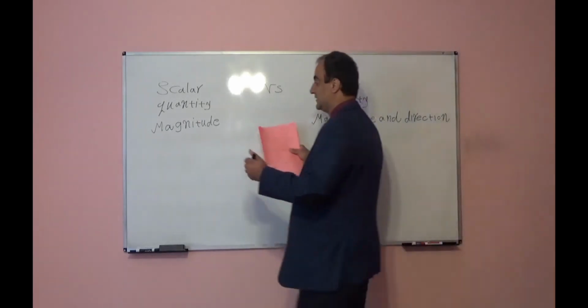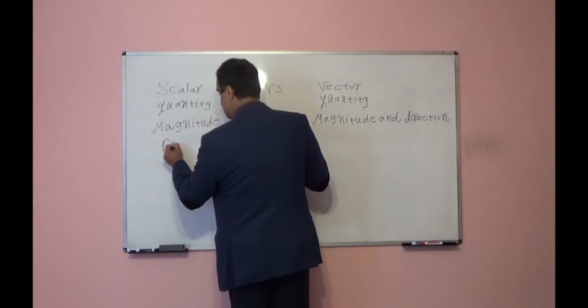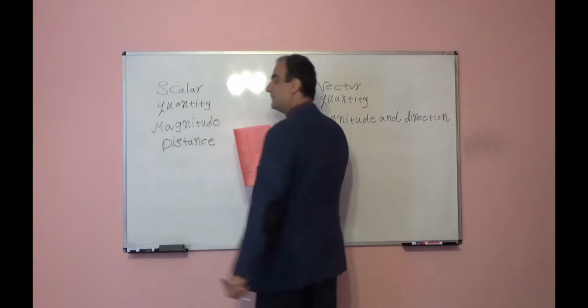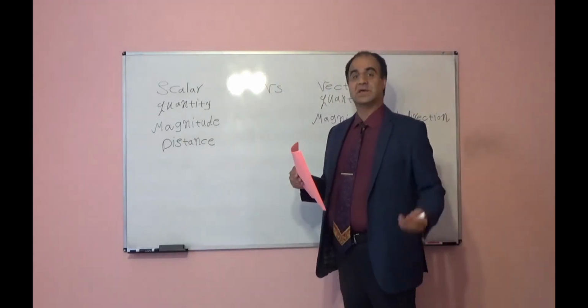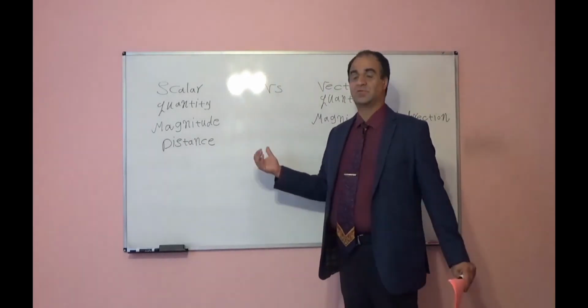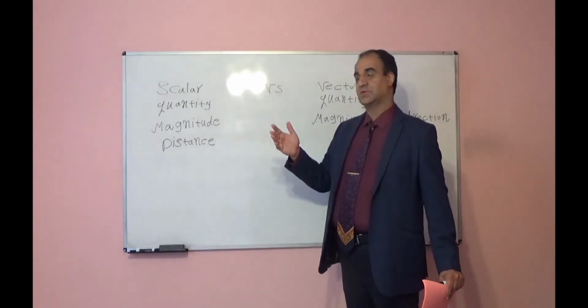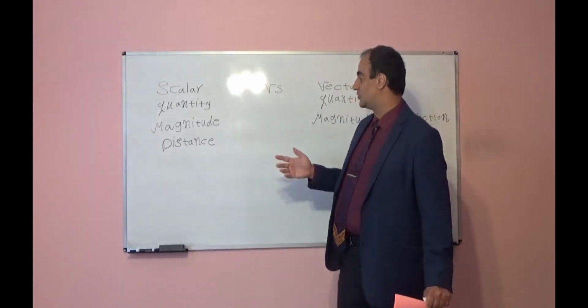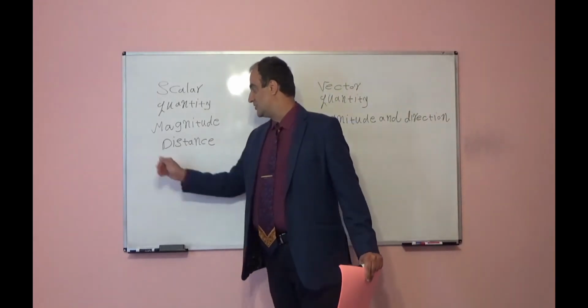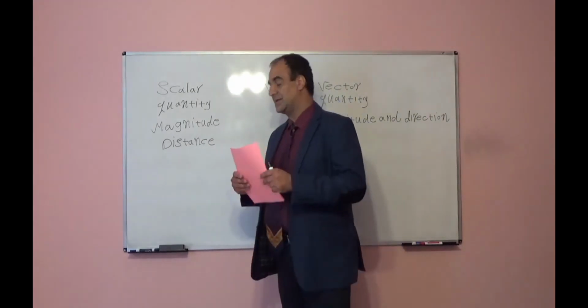For example, distance. Distance, for example, 5 miles. We can describe using magnitude 5 miles. 5 miles to the north, east, west, it is not important in the distance. So, distance it is scalar quantity.